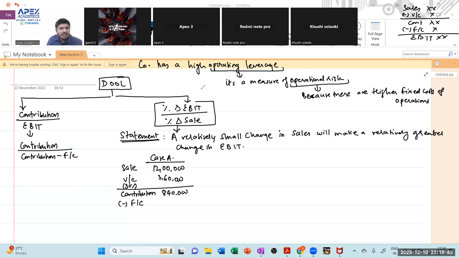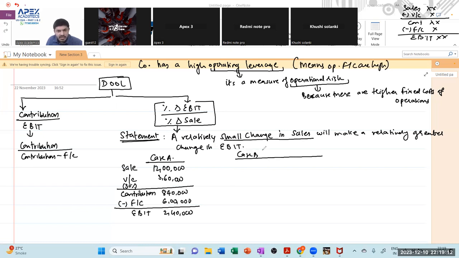Now please understand that a company has high operating leverage means operating fixed costs are high. So I will take that to be 6 lakhs. What I have got? EBIT, 2 lakh and 40,000. Case B.